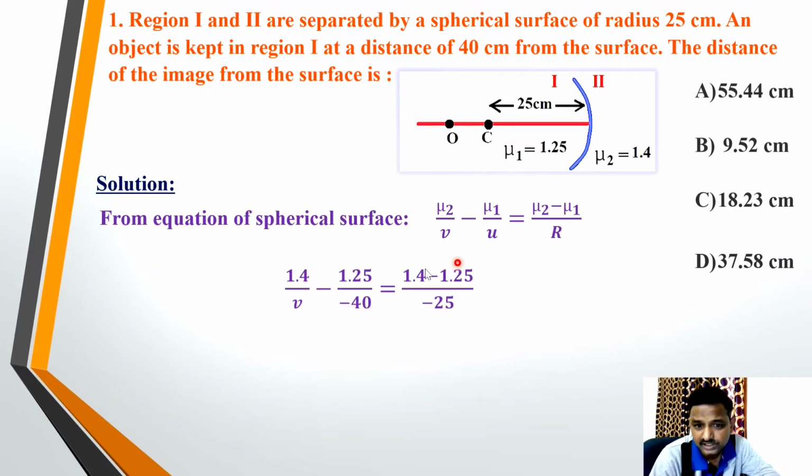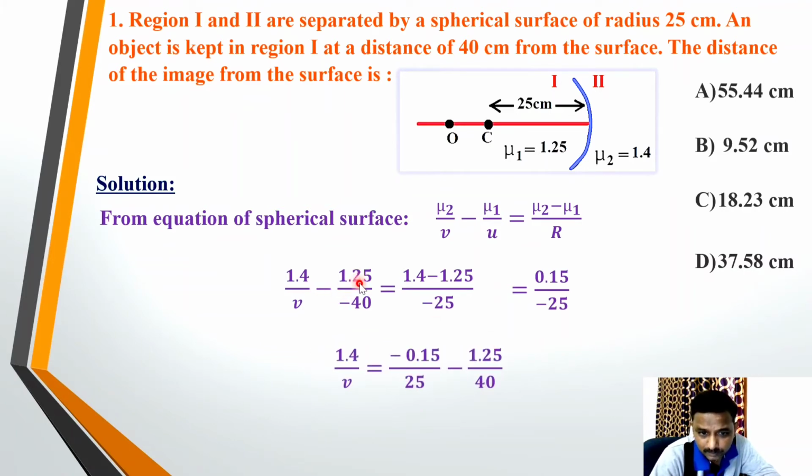Because both object distance and radius of curvature are in front of the spherical surface, so that is along negative x-axis, so we have to apply minus for both. So here in the numerator, if I subtract 1.25 from 1.4, I got 0.15 by minus 25.